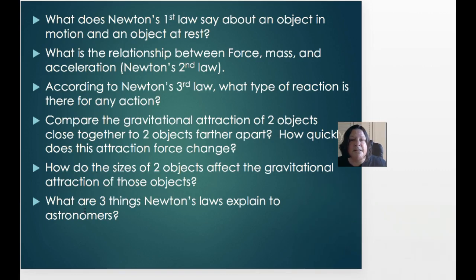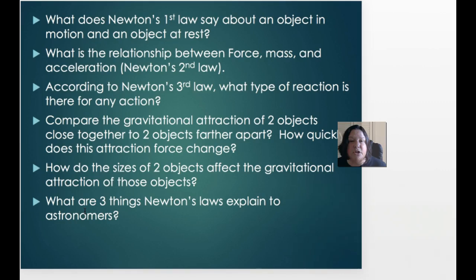So these are things that you need to know. Make sure that you can answer these questions, because these questions will probably appear on your test. The first one is, what does Newton's first law say about an object in motion and an object at rest? The second one is the relationship between force, mass, and acceleration, which is Newton's second law.